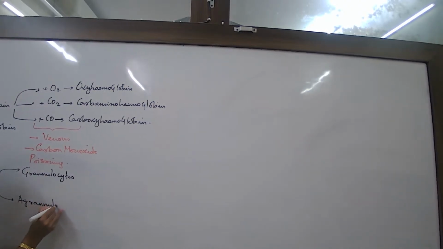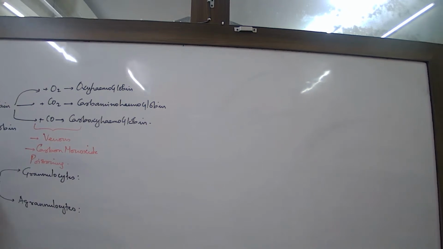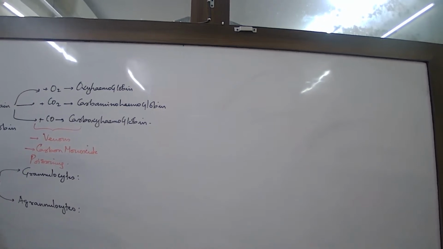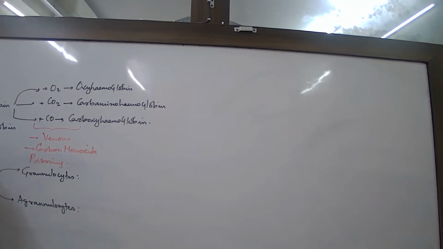When we are talking about agranulocytes and granulocytes, what would be the basic difference between them? The basic difference would be just the presence of some substances in their cytoplasm. In granulocytes, some additional granular substances, majorly proteins, are present in the cytoplasm.